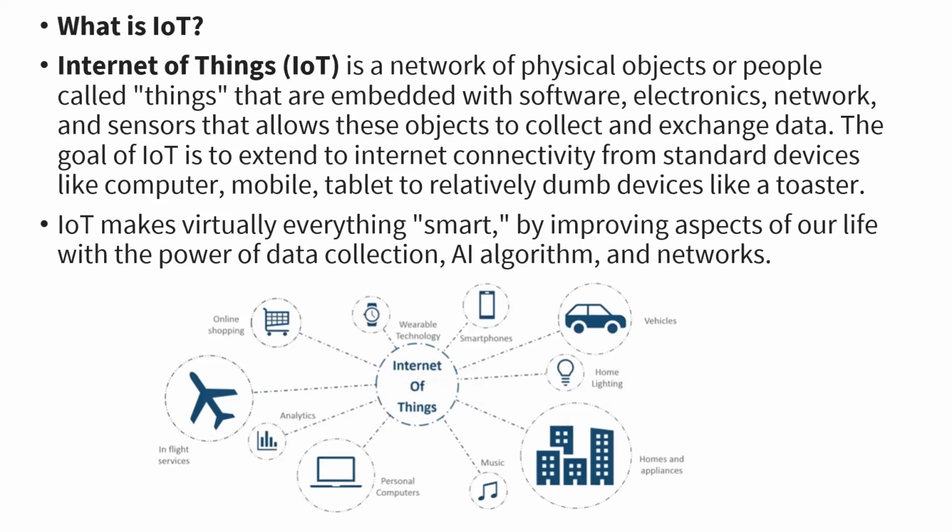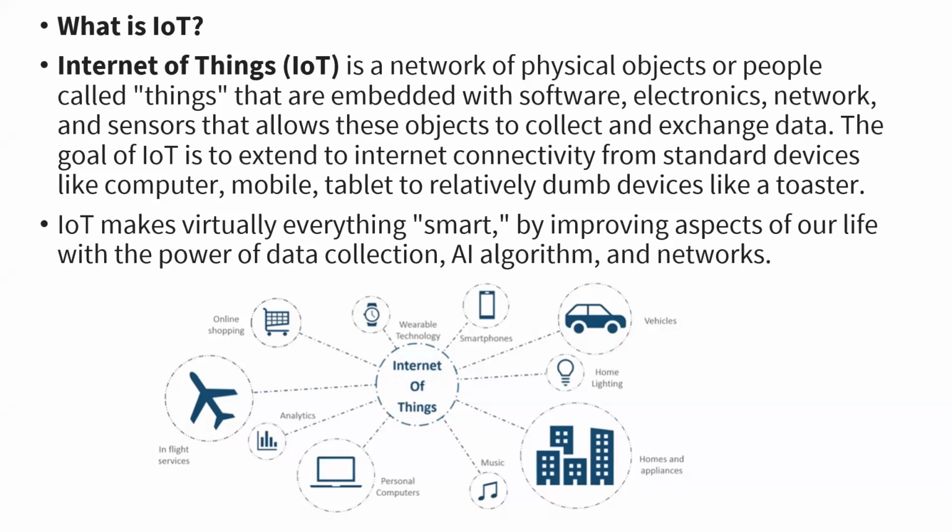You can observe online shopping, wearable technology like a smartwatch, smartphones, vehicles, home lighting system, home appliances, music, personal computer, in-flight services. So all these things are connected with help of your internet. Okay, so such a network is called as Internet of Things.